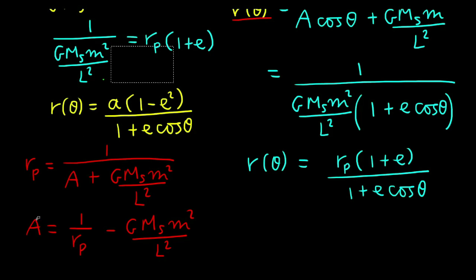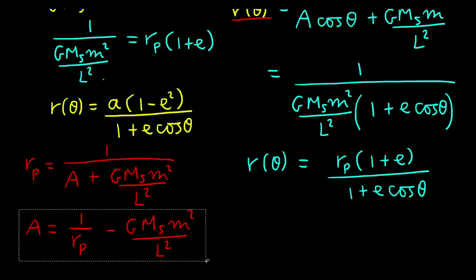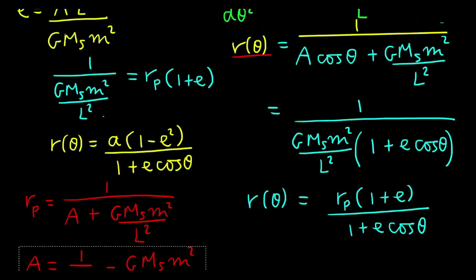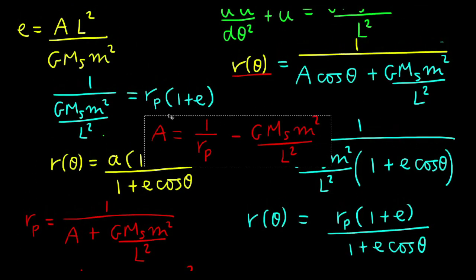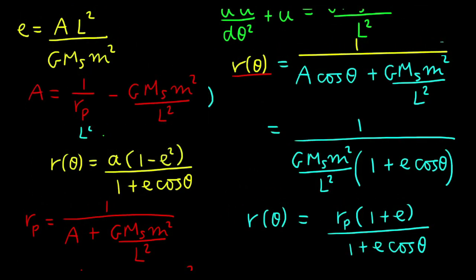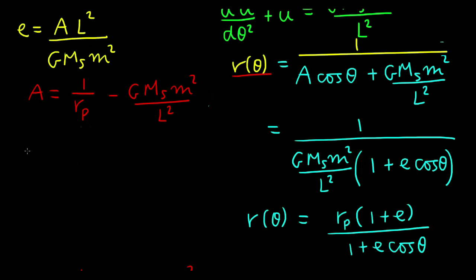And therefore, if we take this expression and substitute for the eccentricity, so let's just make a bit of space here, then we get e is the reciprocal of rp multiplied by L squared on G Ms m squared, minus 1.